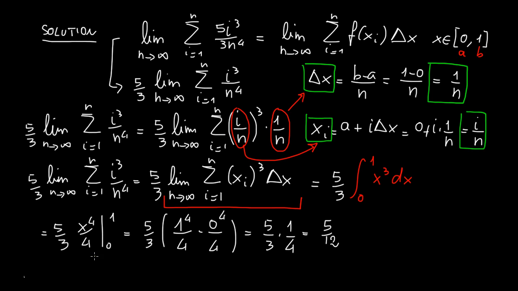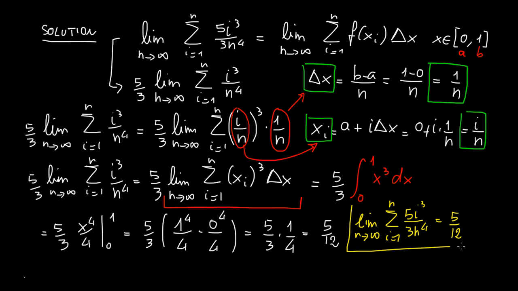So this is the result of the integral, but because the integral is basically our limit, we can say that our original limit, which is the limit for n that goes to infinity, sum i goes from 1 to n, 5i cubed over 3n to the 4th, is 5/12. And with that we can conclude.